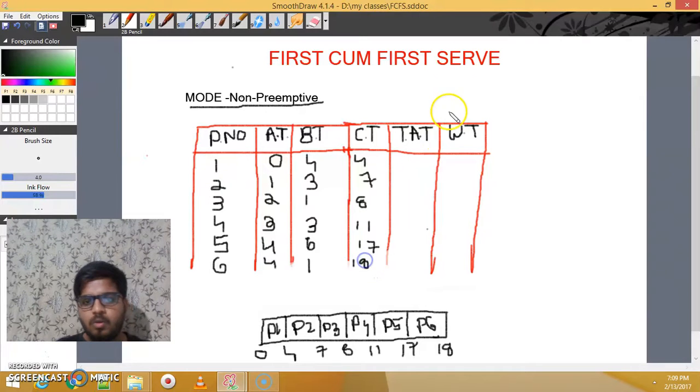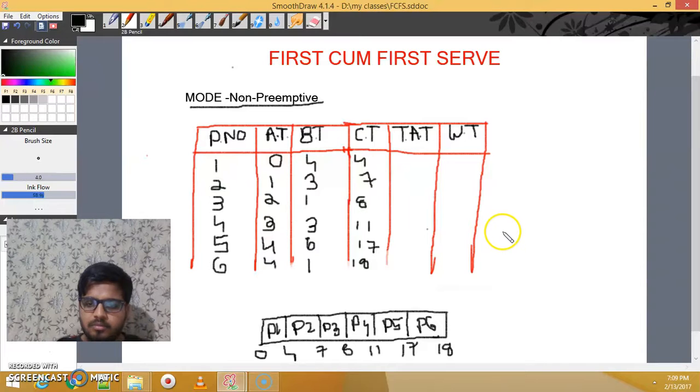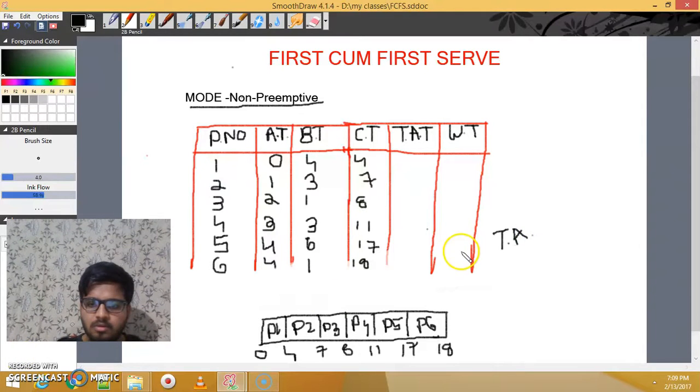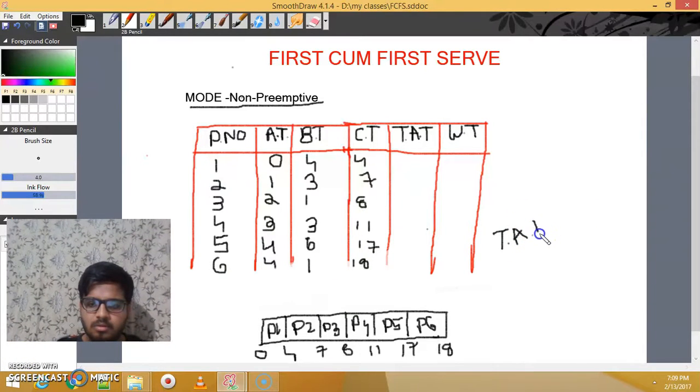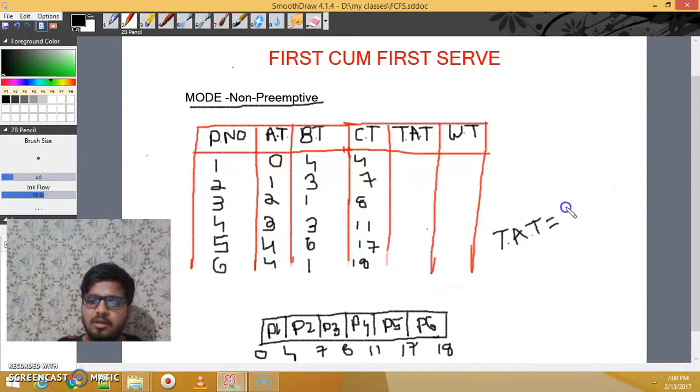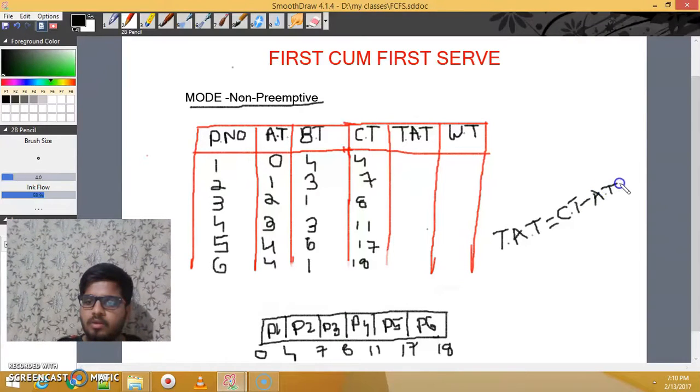What is turnaround time? Turnaround time is calculated by completion time minus arrival time.